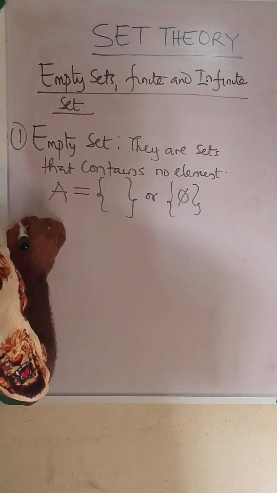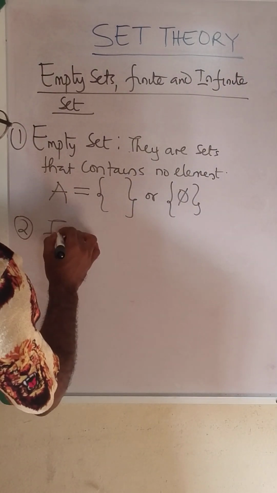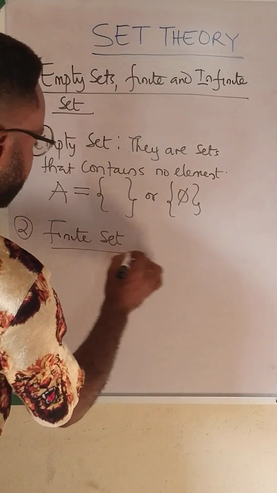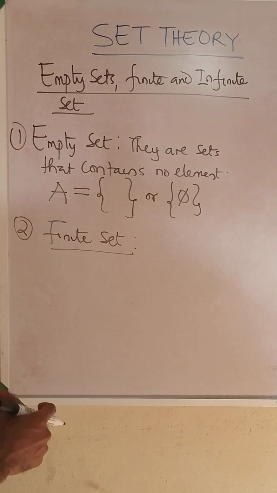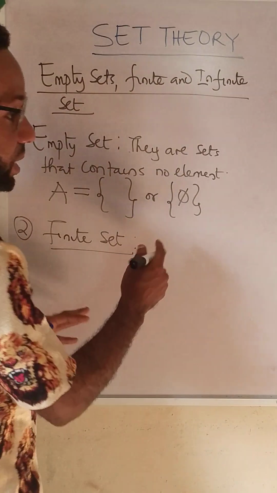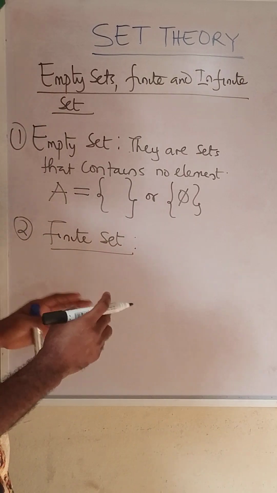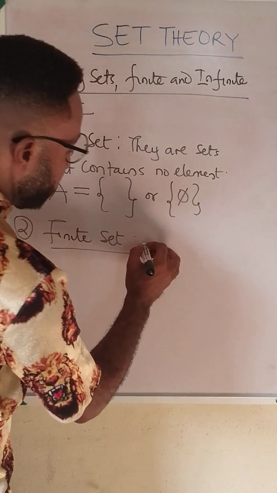And so we move to a finite set. These are simply sets in which the element has a termination point.